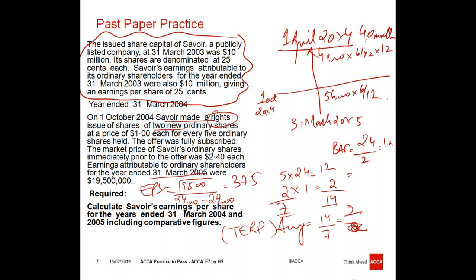Sometimes it could be 6 months and 6 months, 9 months and 3 months, or 5 months and 7 months. What does ex-right share value mean? Theoretical ex-right price is actually the average value which we are assuming after the issue of right shares. Any other question?